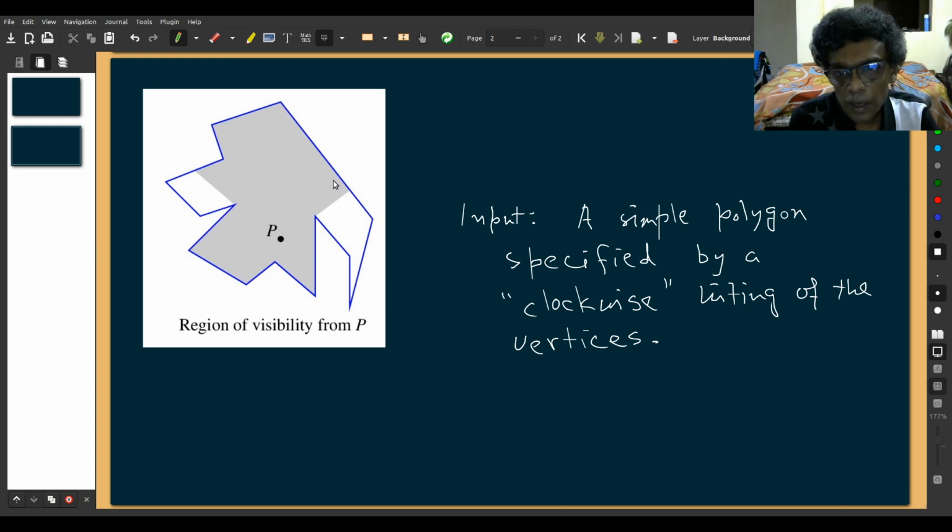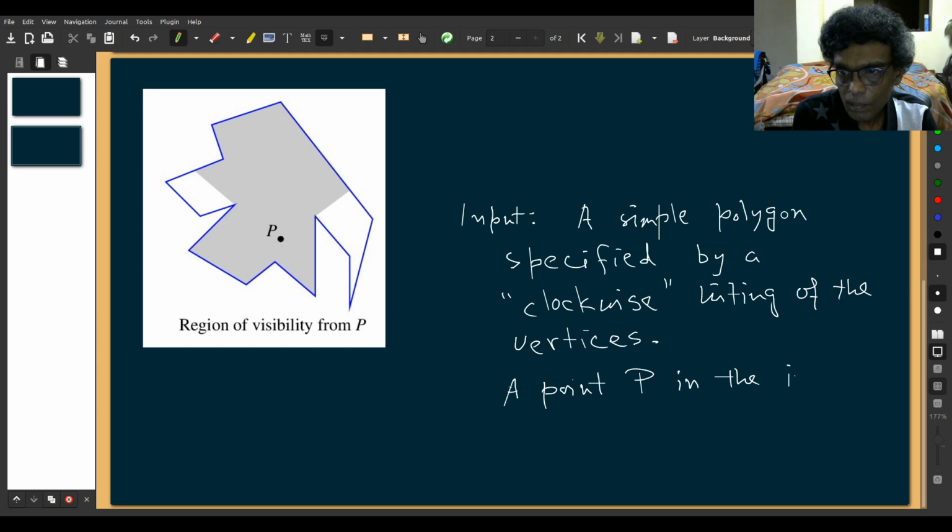So this is one part of the input, and the second input, a point P in the interior. Suppose that you are sitting here, a guard is sitting in a gallery or museum somewhere here. Okay. So the idea is which part of the interior the guard can see.